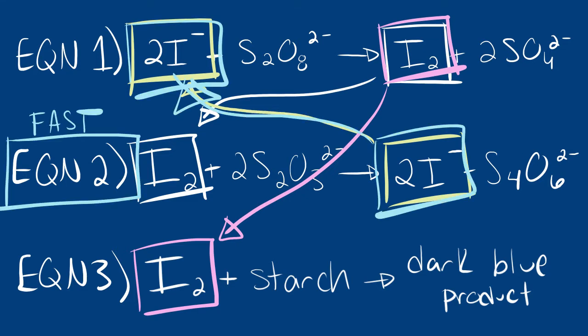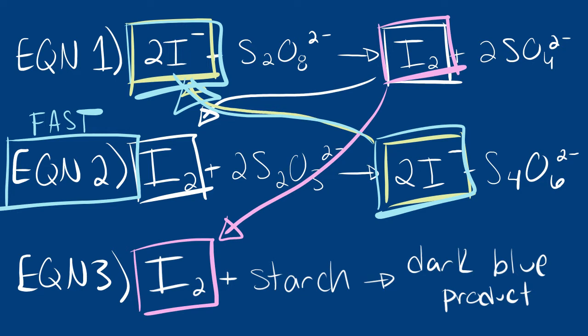Okay, the second equation is known to be a fast equation. So because equation 2 is the fast reaction, it will be eating through its reactant much more quickly, generating product. The product of equation 2 then is going to feed back into equation 1, which is going to again feed into both equations 2 and 3.